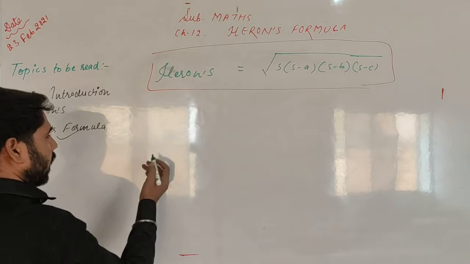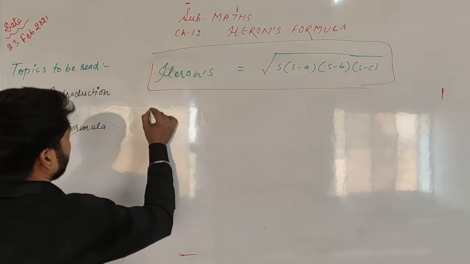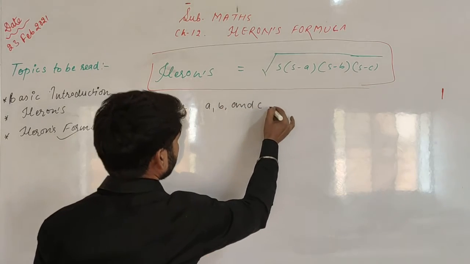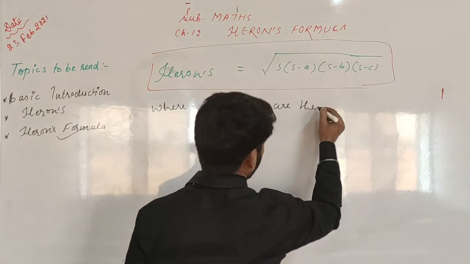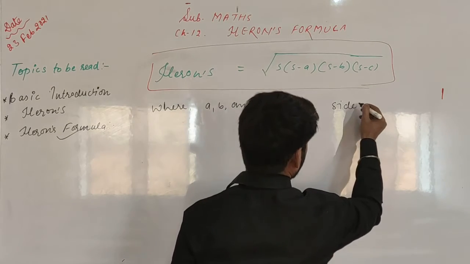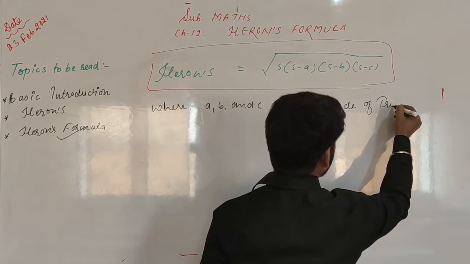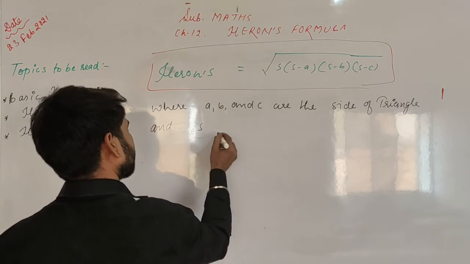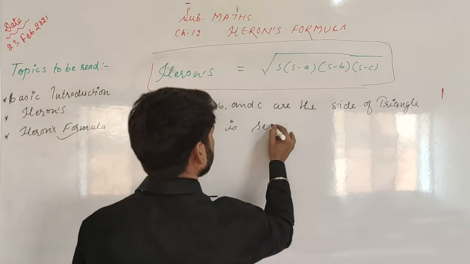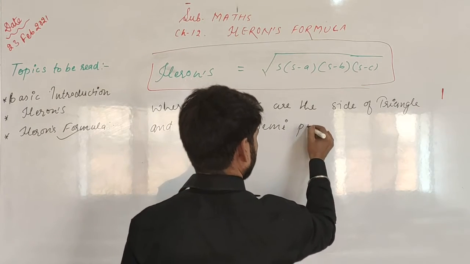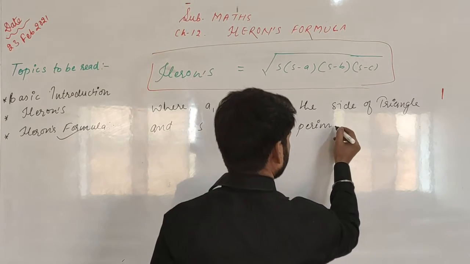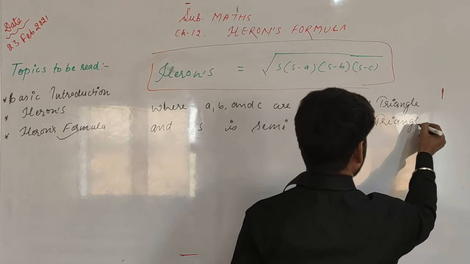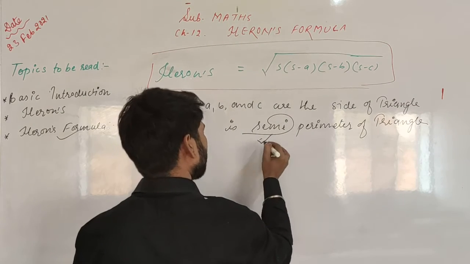Here, A, B and C are the sides of the triangle and S is the semi perimeter of the triangle. Instead of semi, we can also write half.